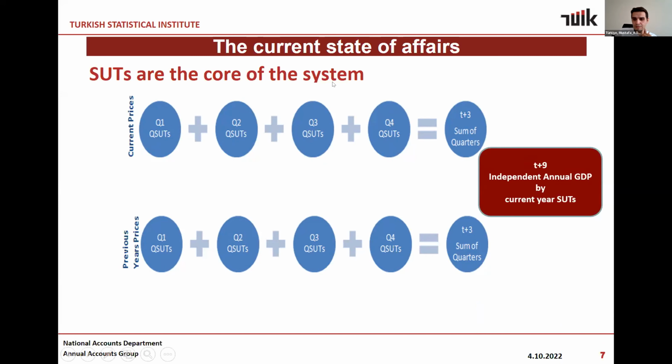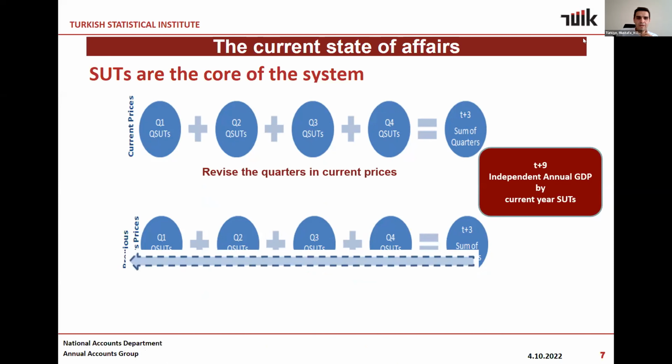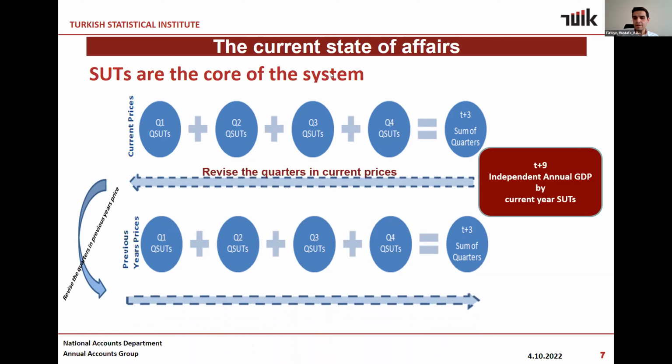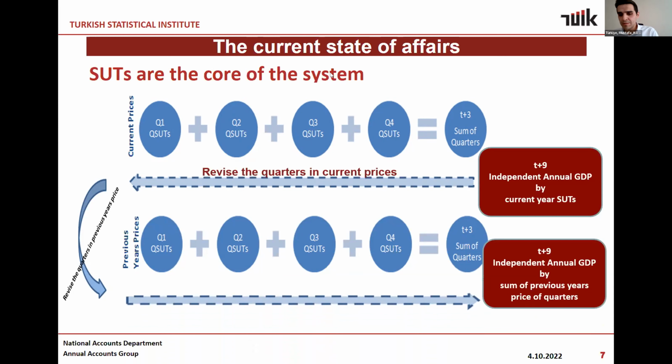And then we revise all quarters in current prices. After the double deflation, we revise the quarters in previous year prices, and at the end of this process, we have an independent annual GDP by the sum of previous year prices of quarters.